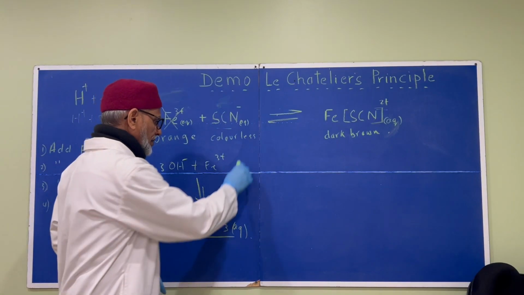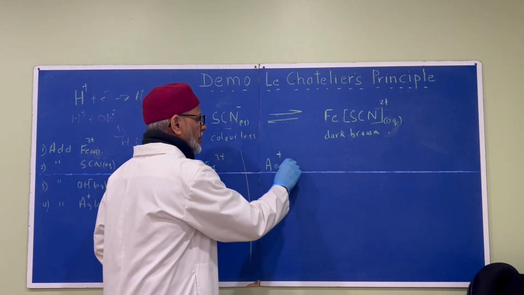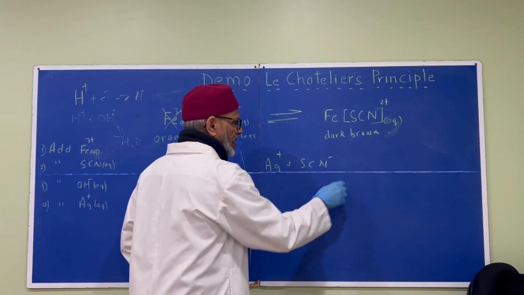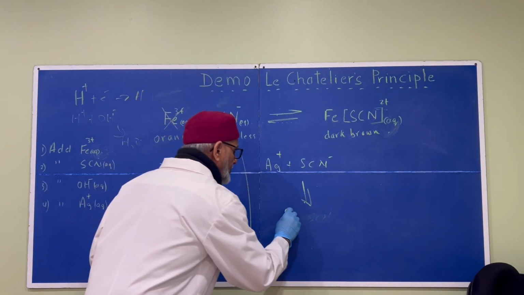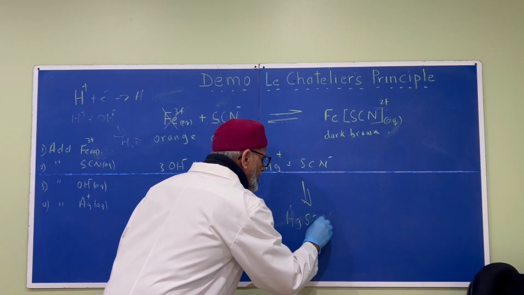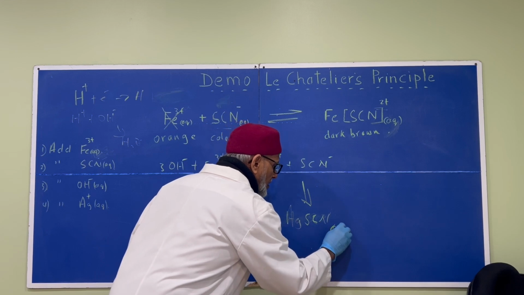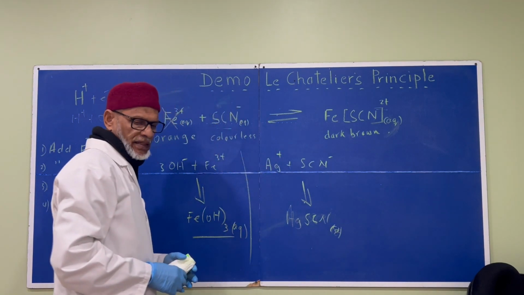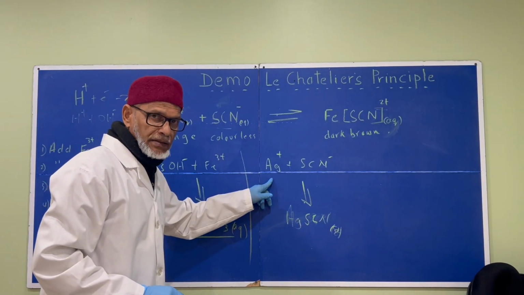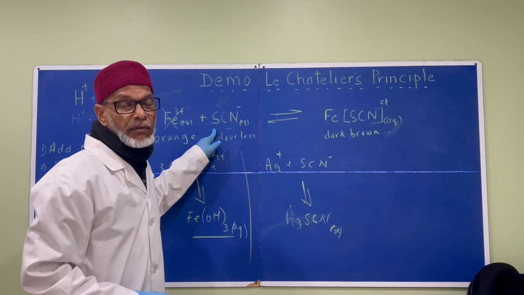So this is what will happen. Silver ions will combine with thiocyanate ions, all these are aqueous, and we are going to get a precipitate of silver SCN. So the addition of silver ions to the solution will remove that ion from the equilibrium mixture.